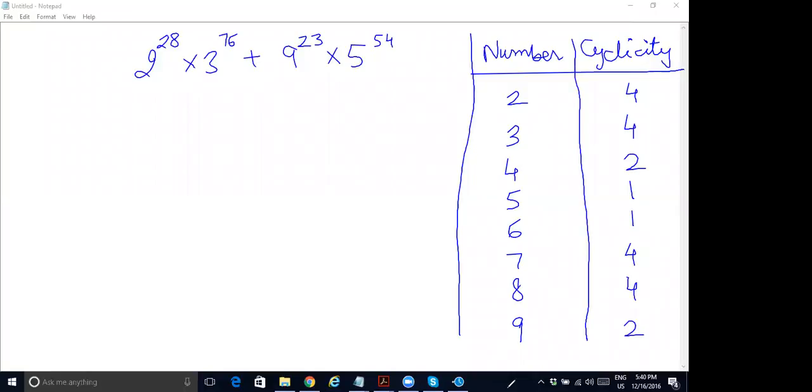So 0, 1, 5, and 6 are the special numbers. Suppose I forget the cyclicity, I'm just making sure I know how to calculate it. It's basically as soon as you get 0, 1, 5, or 6 when you're taking the power of numbers.